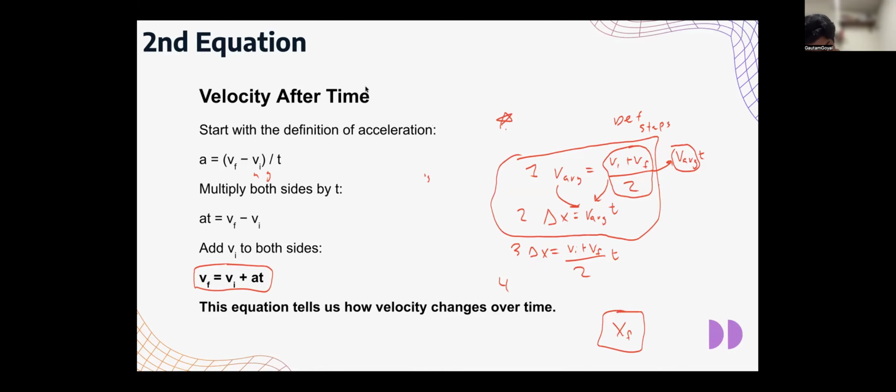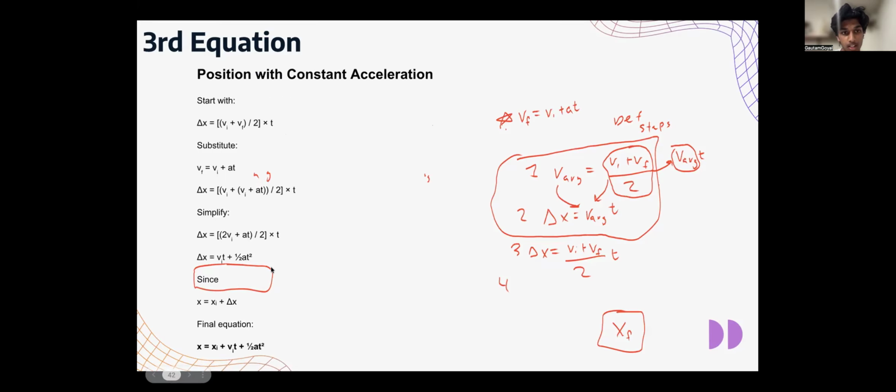This is going to be a star step. So we have vf is equal to vi plus at. The slides are posted in the Google Classroom, so you can go over it once again. But we're also going to use this equation for this next part, right?